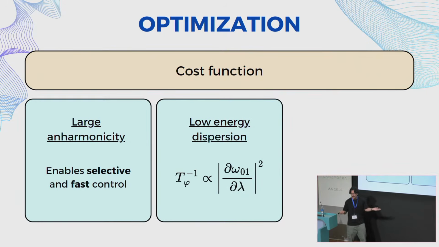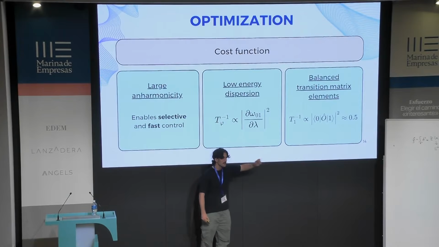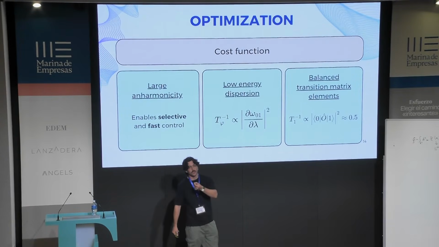Also, we have to be protected against noise, right? That's the whole talk. We will demand that we have low energy dispersion, so we are protected against phase flip noise. And lastly, we want to make our qubit protected against bit flip noise, but not so protected that we are not able to control it.